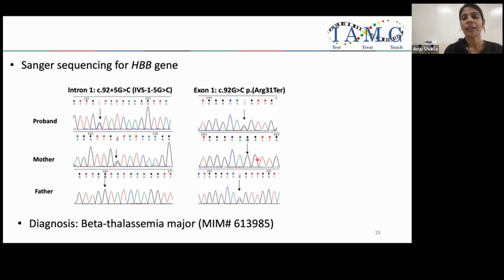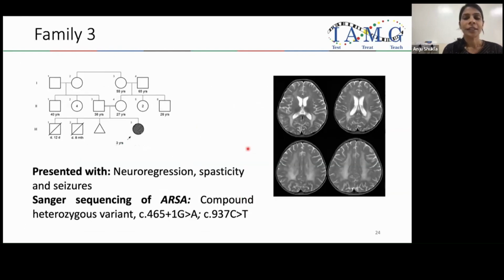She did not carry the other variant, and father had wild type allele for this mutation, however, was heterozygous carrier for the second mutation. And this is what we call as a compound heterozygous variant. That means 2 mutations have been inherited from one parent each in this child, which confirmed the diagnosis of beta thalassemia major.